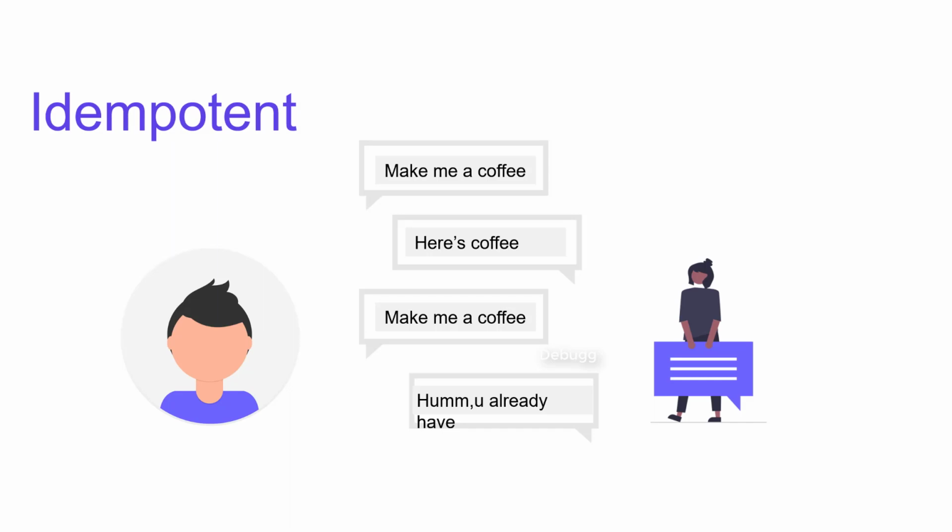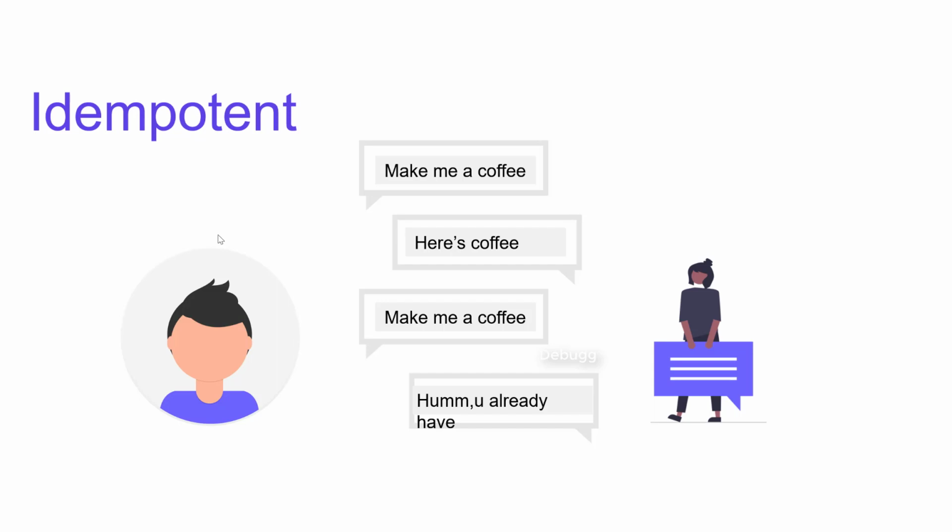Infrastructure as code is idempotent in nature. Let's take an example here. On the left we have Alex and on the right side we have our Terraform. Let's say Alex asks Terraform, make a coffee for me, and Terraform creates that coffee and gives it to Alex. After some time, Alex says he needs a coffee.